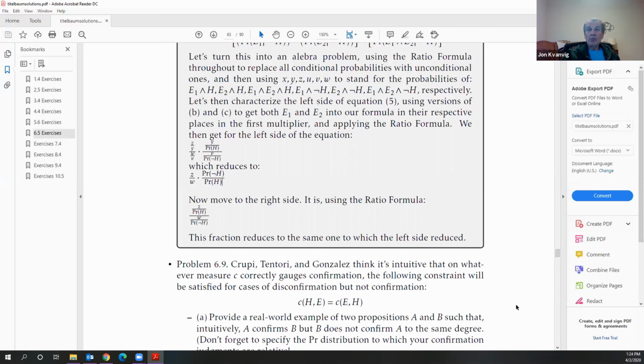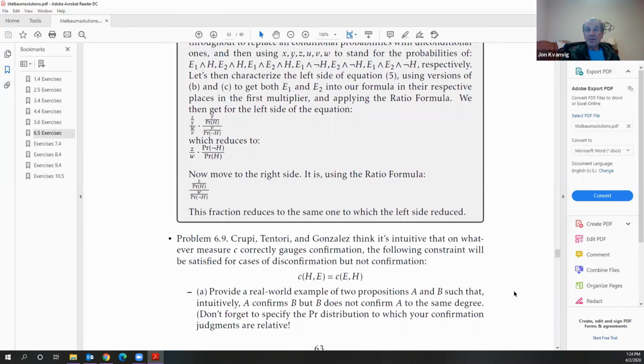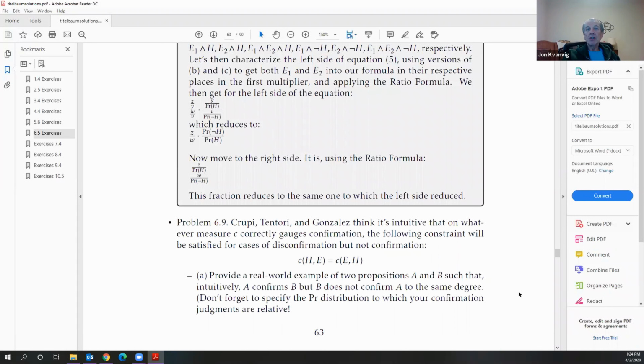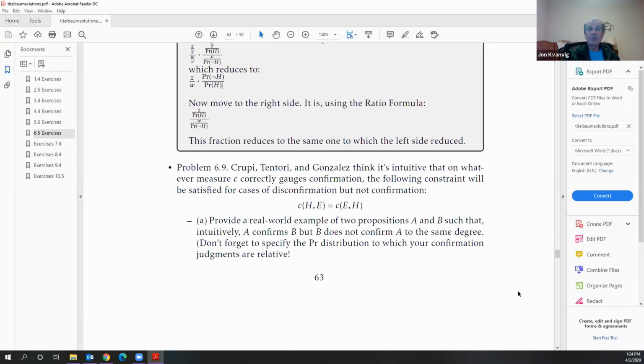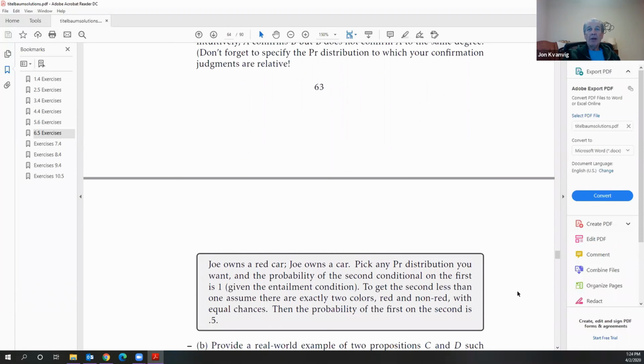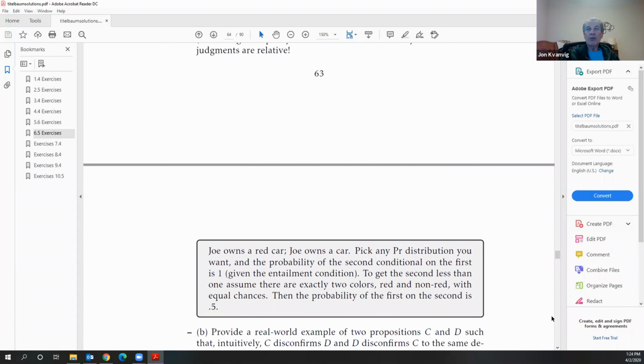All right, so provide a real-world example of two propositions A and B such that intuitively A confirms B, but B does not confirm A to the same degree. And don't forget to specify which probability distribution you're using. Okay, Joe owns a red car, Joe owns a car. For this, pick any probability distribution you want.